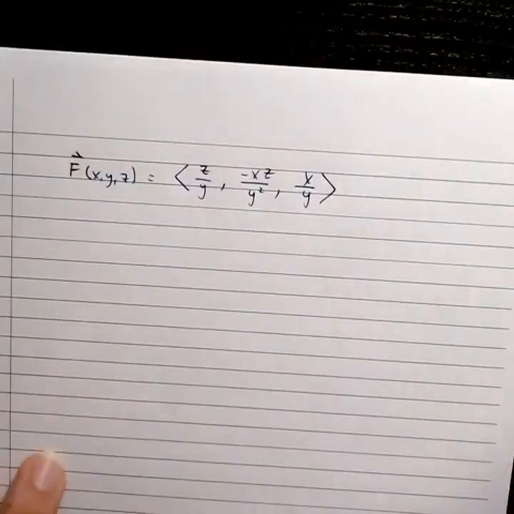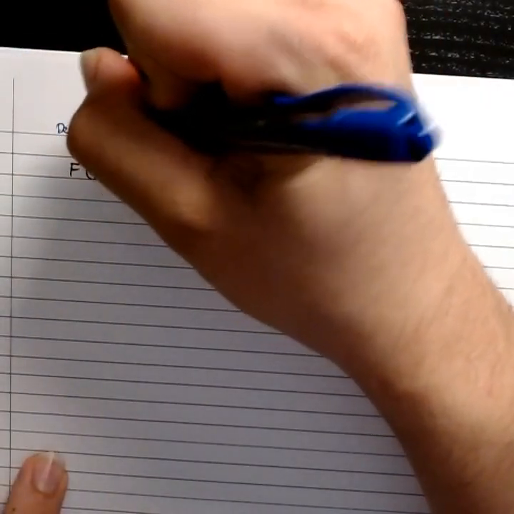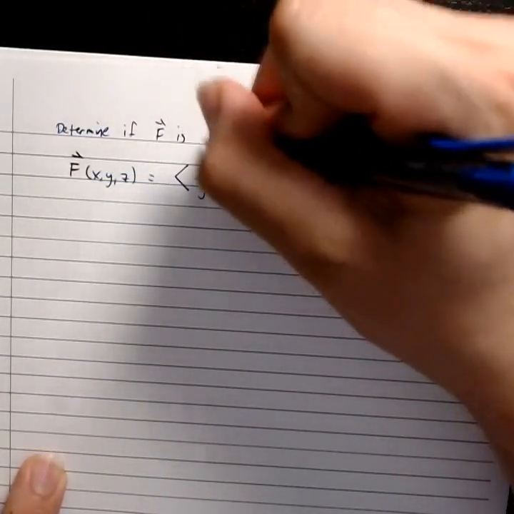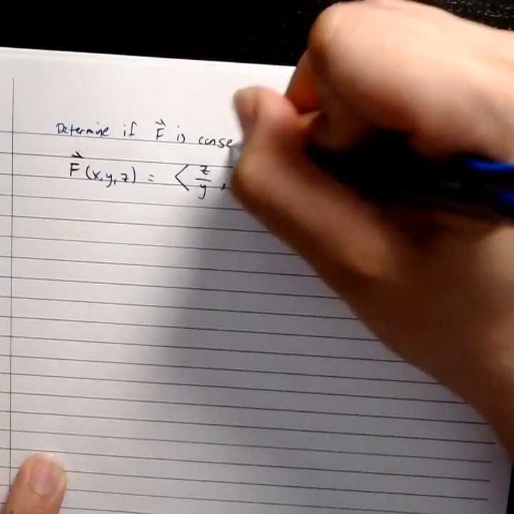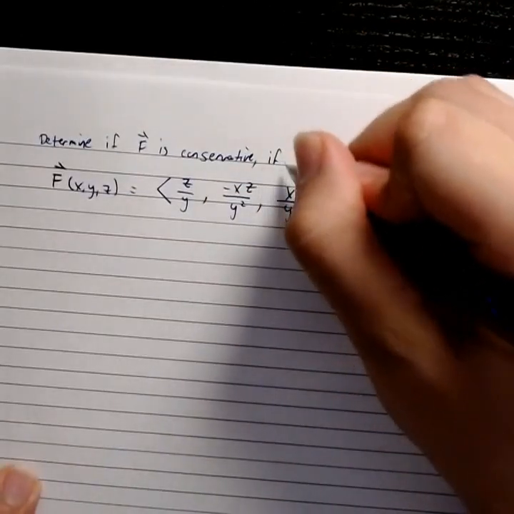The question is the same as before. Determine if f is conservative. If it's not, well, then you're done. If it is, find the potential function.